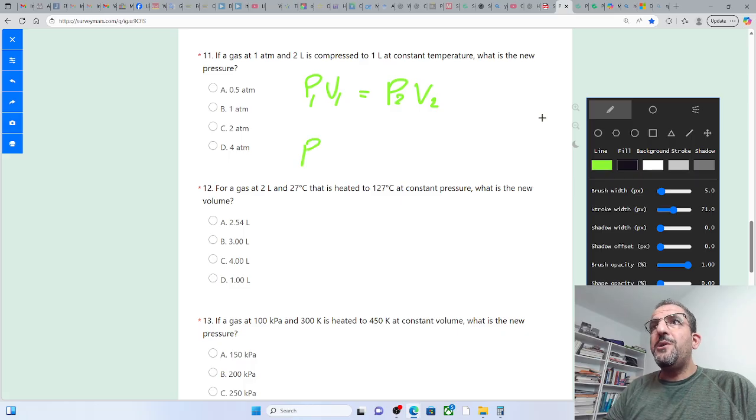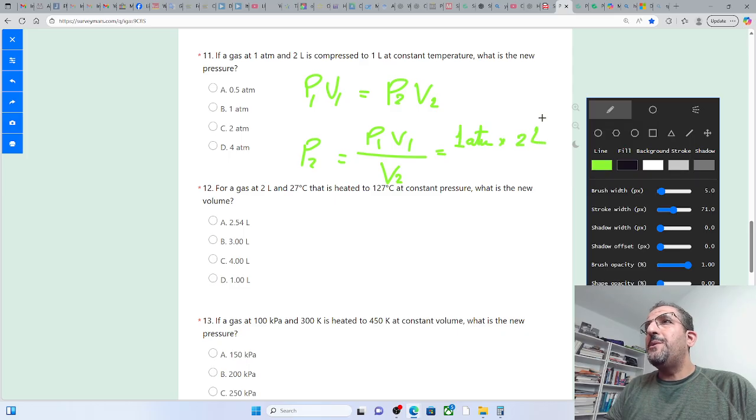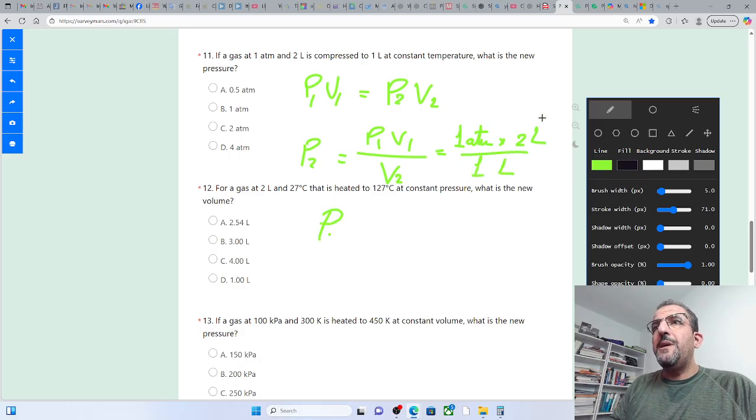Now the new pressure, which is P2, is equal to P1 V1 divided by V2. So we have 1 atmosphere times 2 liters divided by 1 liter, and you will see that the new pressure is equal to 2 atmosphere. Okay, and the right answer is C.